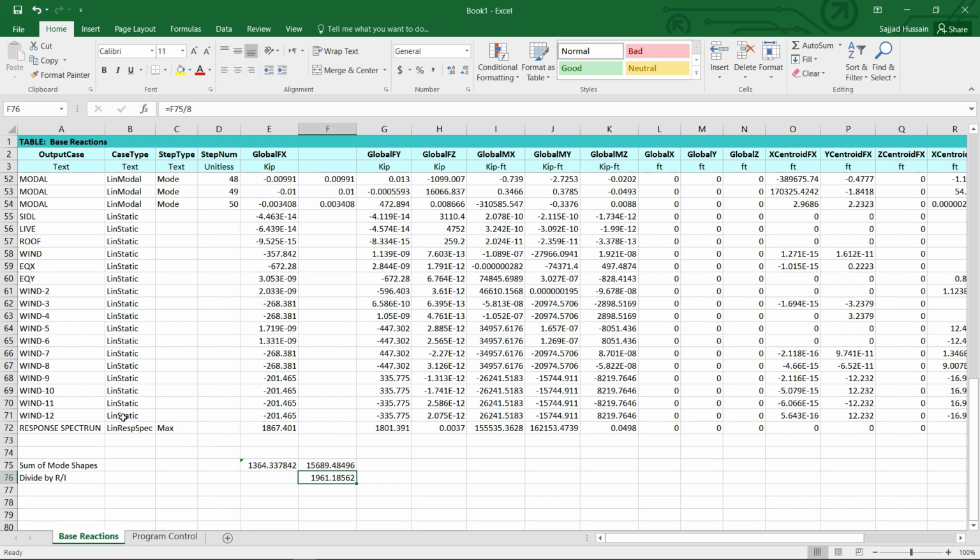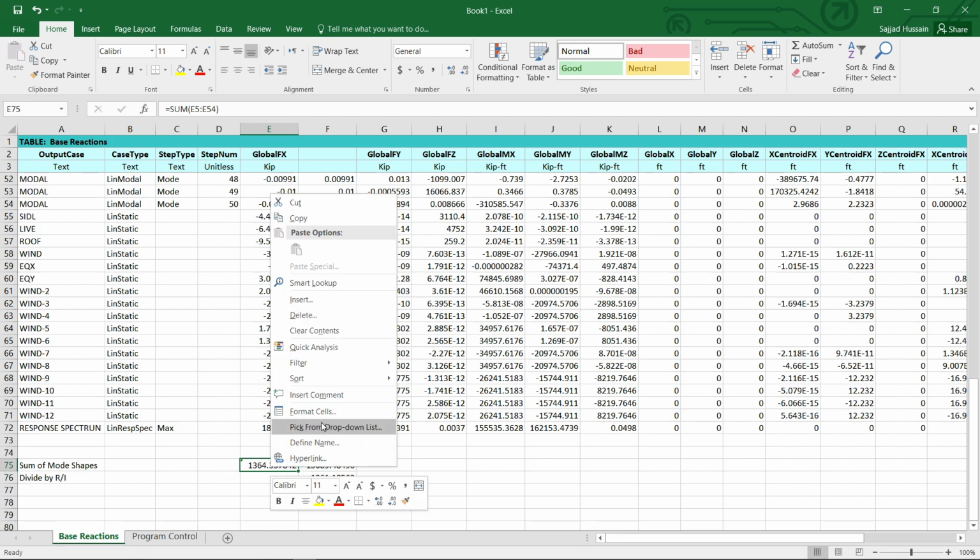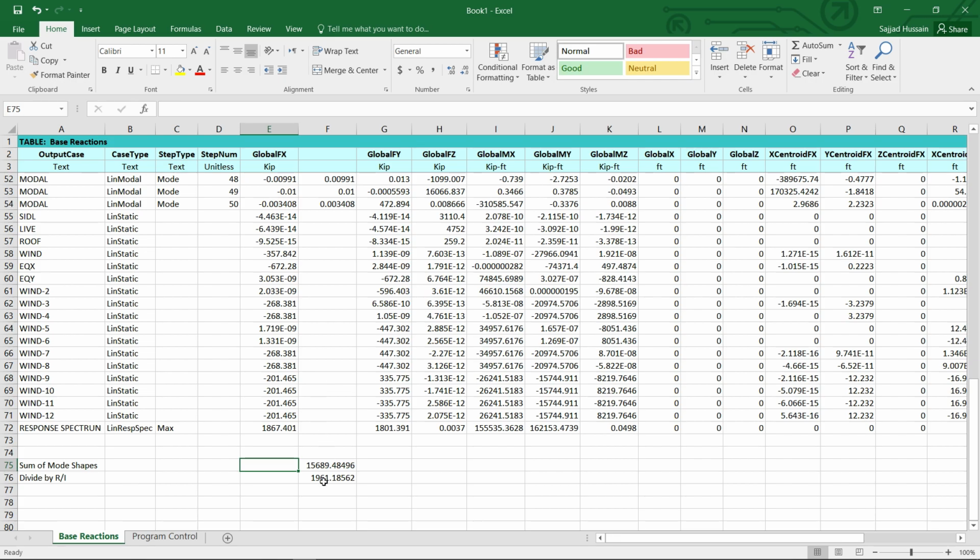Now the response spectrum, which is almost the same, sorry. We are not interested in this value. Let me clear this one. So now from here we are getting 1961, and as per SAP we are getting 1867.